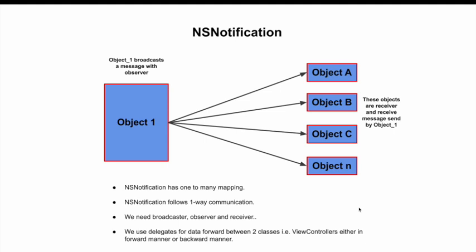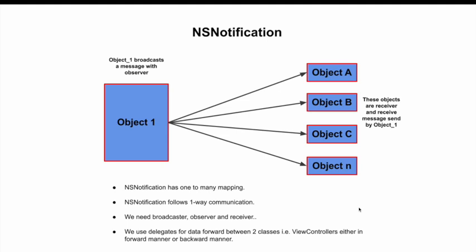That's why NSNotification has one-to-many mapping, and NSNotification follows one-way communication. Why one-way communication? Because here, one object is communicating to other objects, and the communication is happening in one way only.